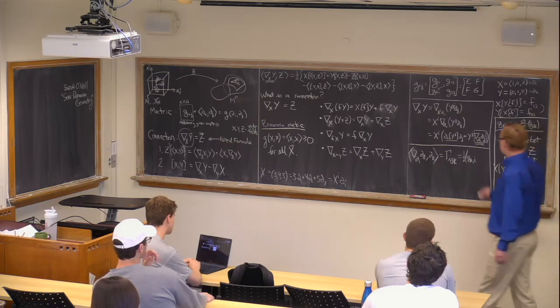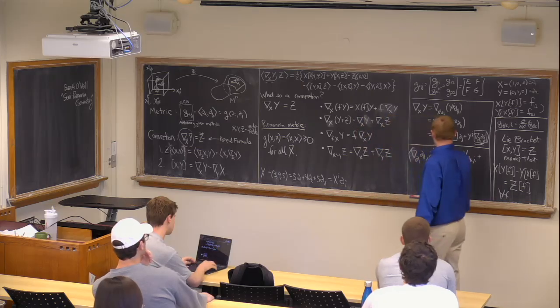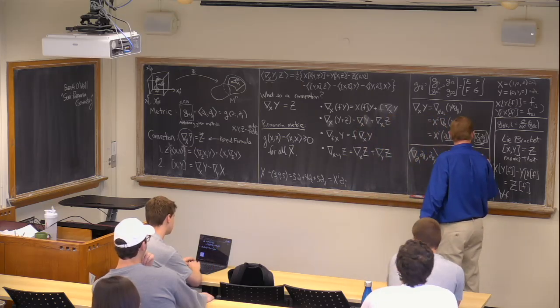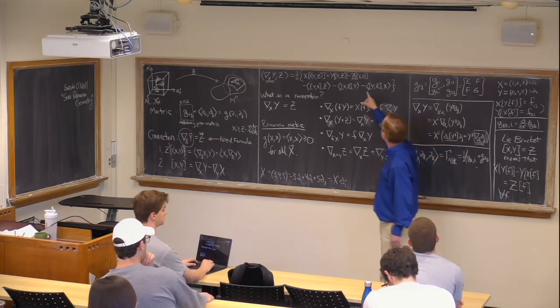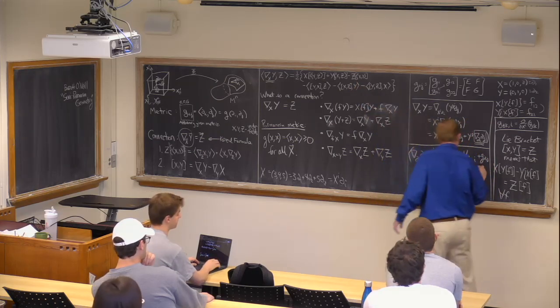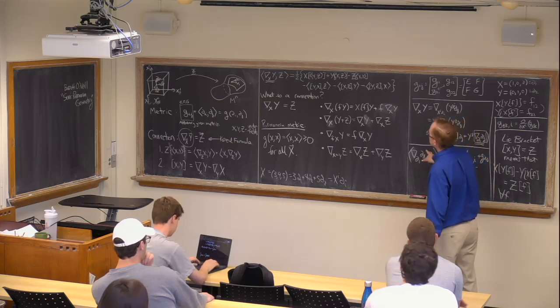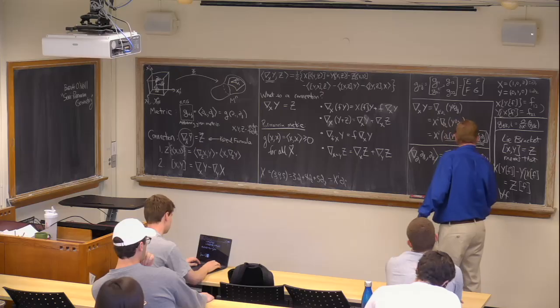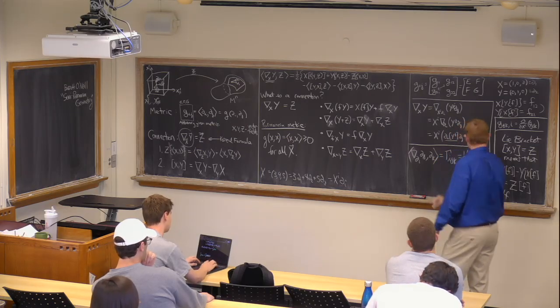Then the second term is gik comma j, and then a minus gij comma k. There you go.